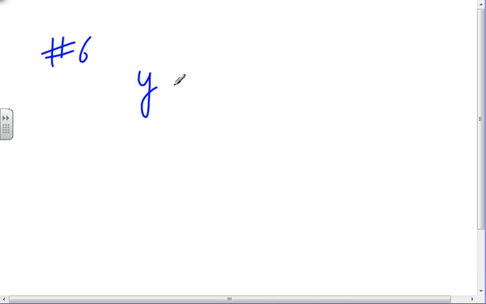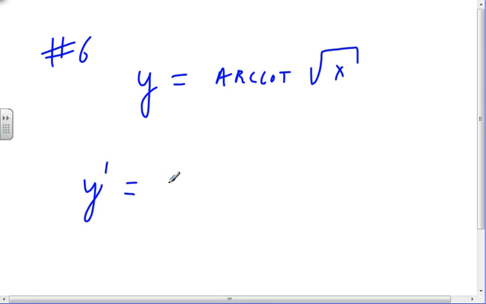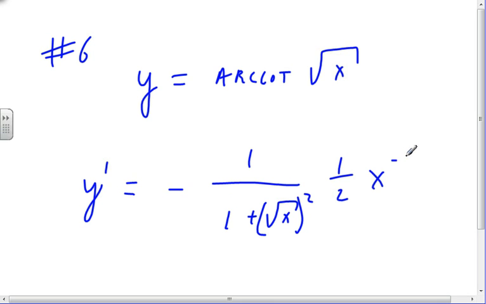So y is the arc cotangent of the square root of x. Okay, so y prime is going to be arc cotangent. Okay, so I got a minus sign. I got 1 over 1 plus the square root of x squared times 1/2 x to the minus 1/2.